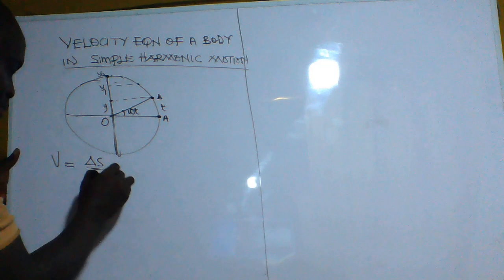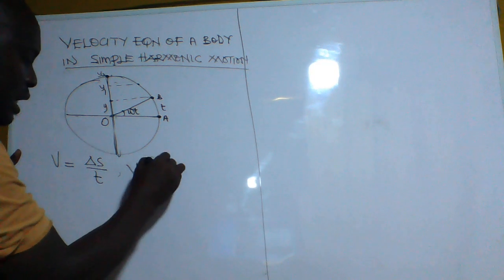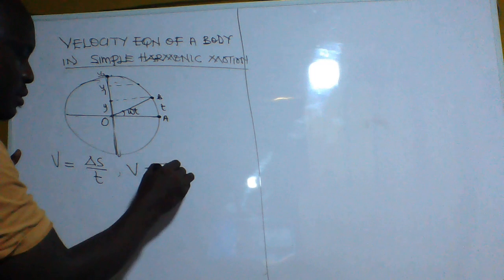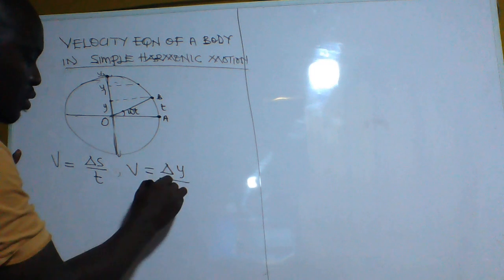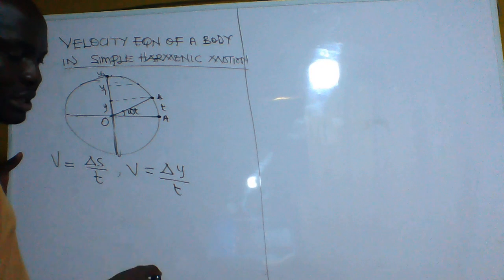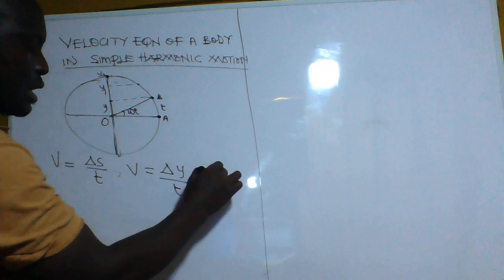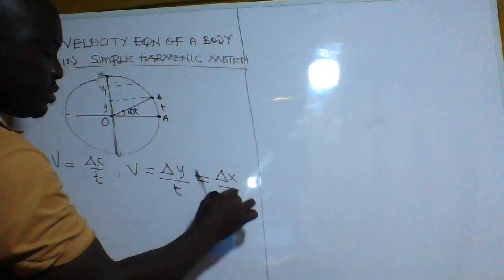So our v would be equal to delta y on delta t, which is also equal to delta x on delta t.